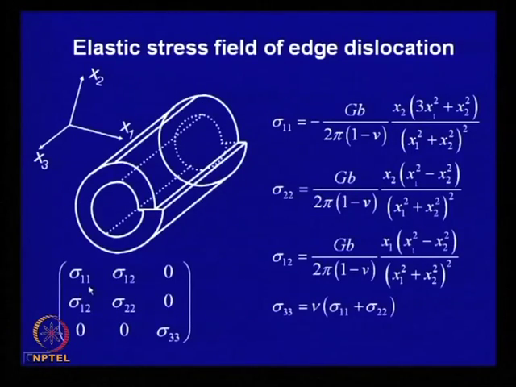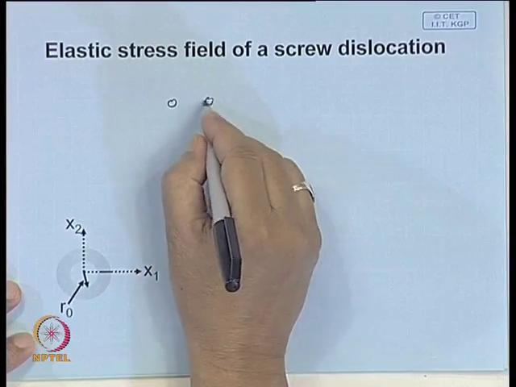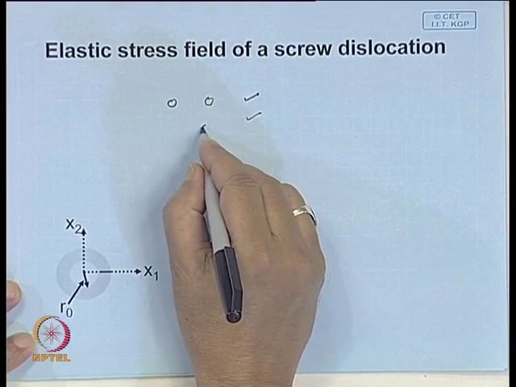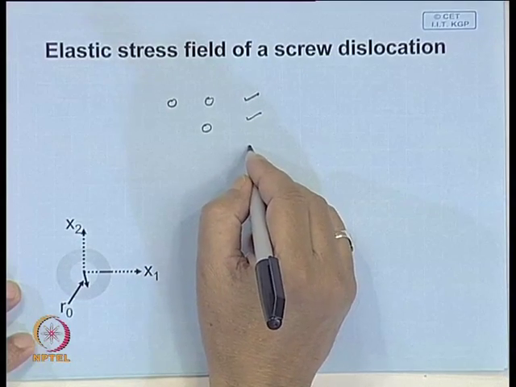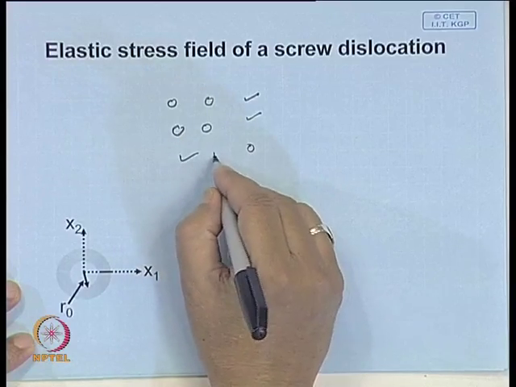If you compare these stress fields, you will find that for the screw dislocation, several components are 0, whereas this existed, this existed, this is 0, this is 0, this is 0, this is there, this is there.